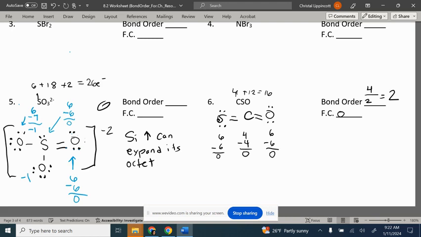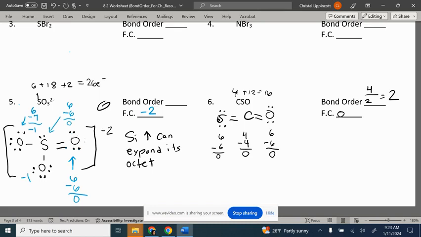Now, if we count up our formal charge for the whole molecule, it's a -1 plus 0 plus a -1 plus a 0. So its formal charge is going to be -2. And that formal charge should be the same value as the negative on that ion.